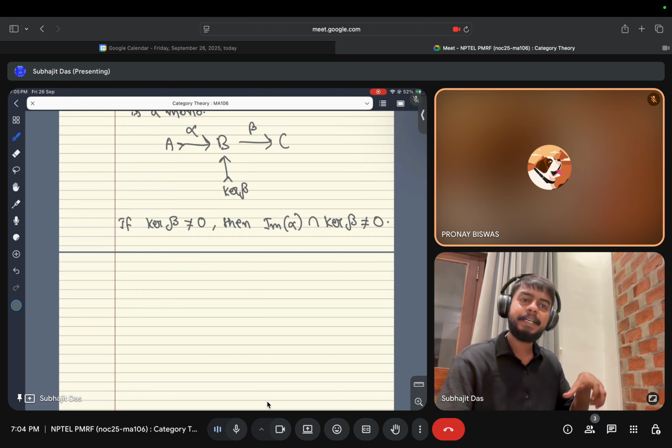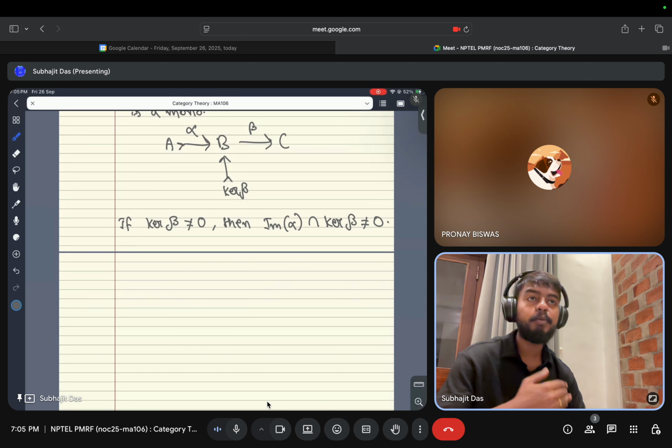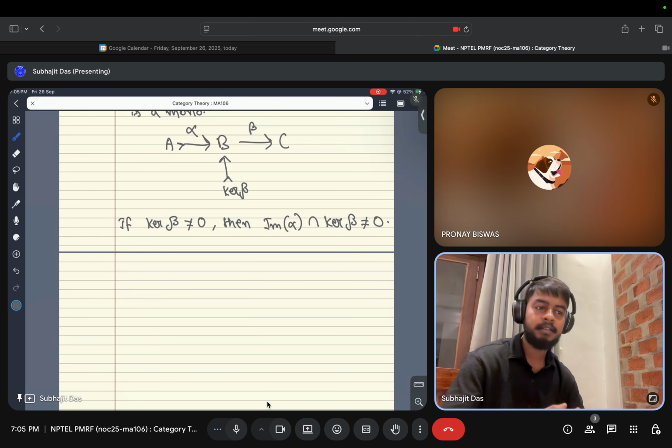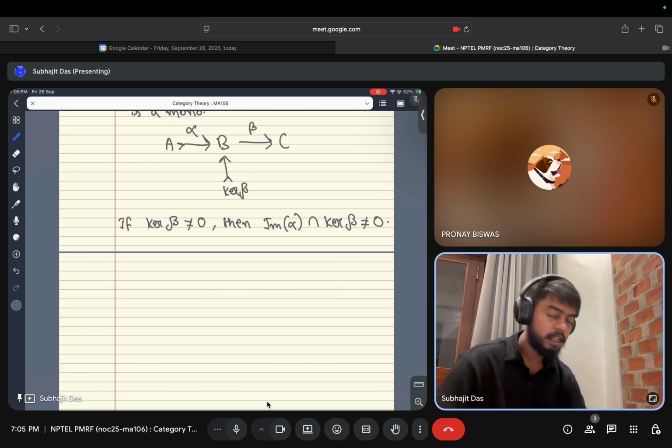Can we write kernel of beta as a pullback? Sure we can, because we know that equalizers and binary products suffice to give you pullbacks, and pullbacks and terminal objects give you all finite limits, all limits whose shape categories are finite. So we can certainly write kernels.